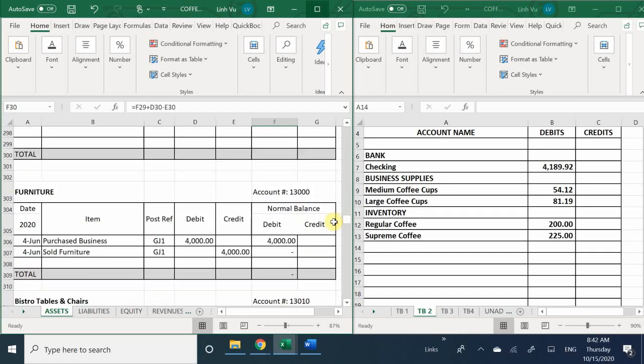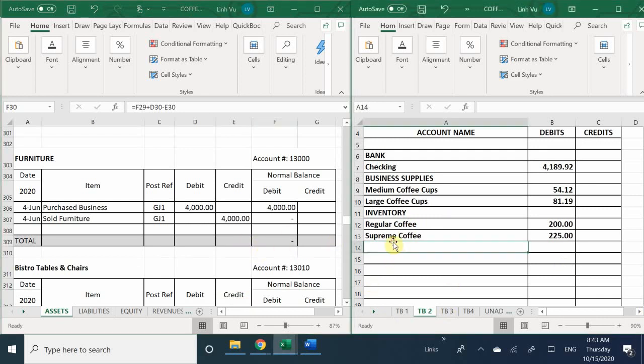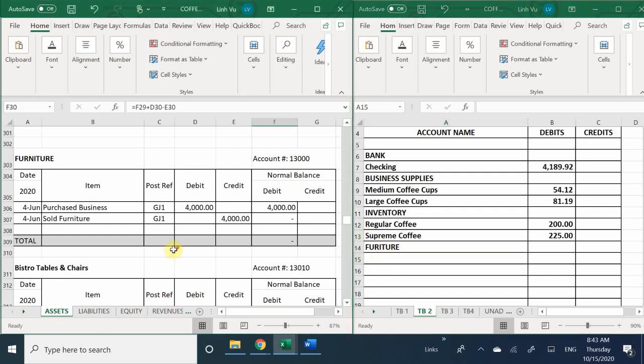All right, the next account is going to be furniture. Yes, we actually have a lot of furniture. So go ahead and place furniture there. We actually don't have an account balance in my furniture account, which is completely fine, but we know that it breaks down into all of these items.